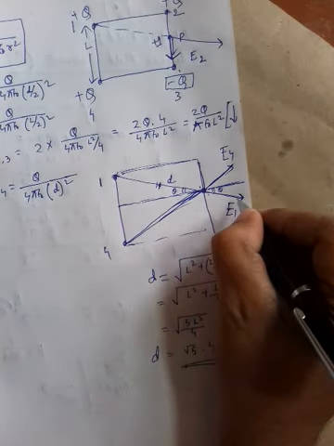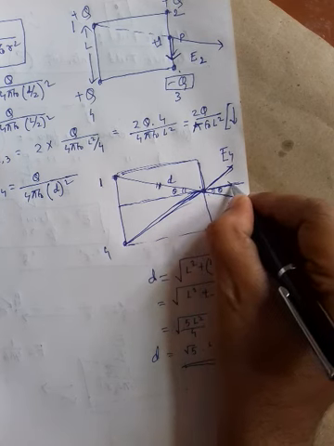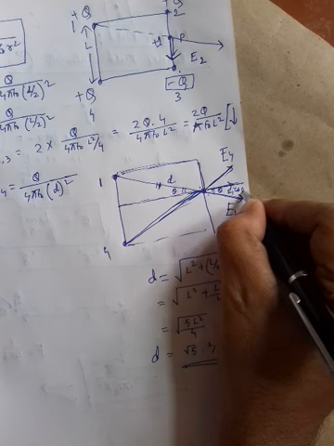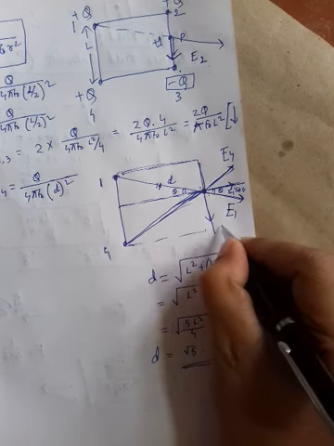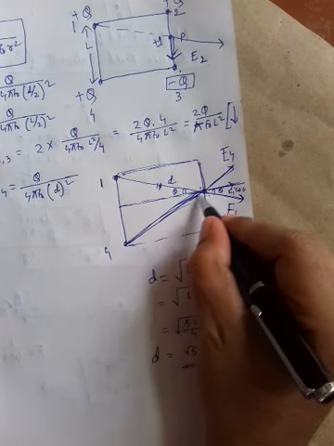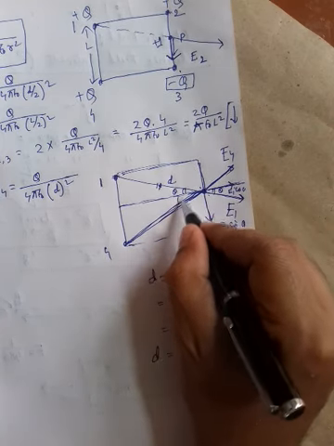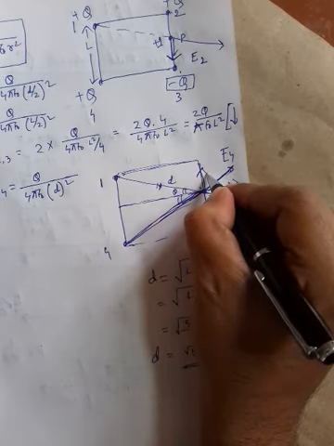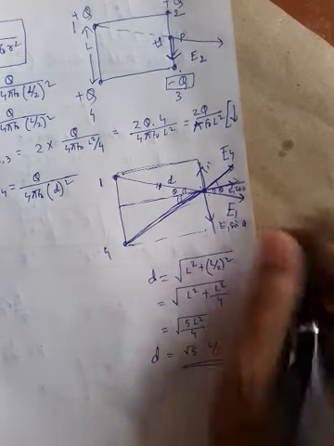So if you break this E1 apart, E1 cos theta here, and a part here E1 sin theta. Similarly this E4 going in this side, if you break it, this angle is also theta, a part in this side and a part in this side. This part and this part will cancel.